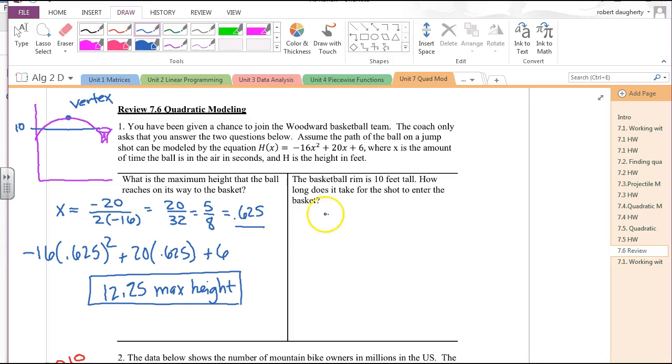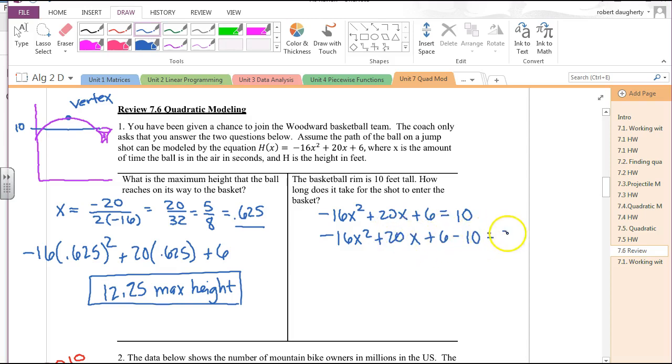So I just need to say negative 16 x squared plus 20x plus 6 equals 10, or negative 16 x squared plus 20x plus 6 minus 10 equals 0, negative 16 x squared plus 20x minus 4 equals 0.